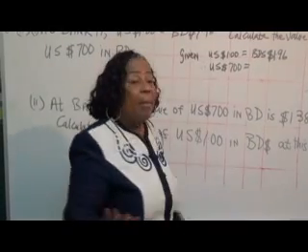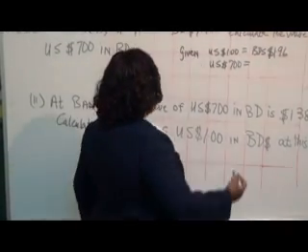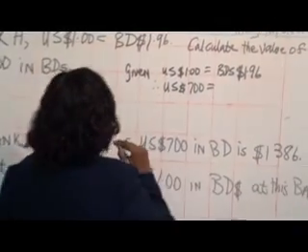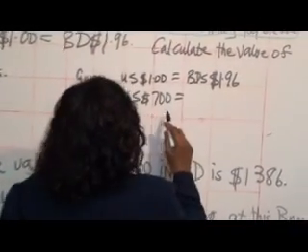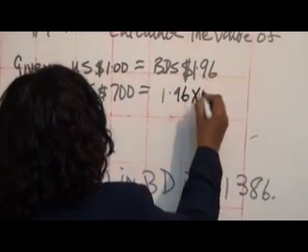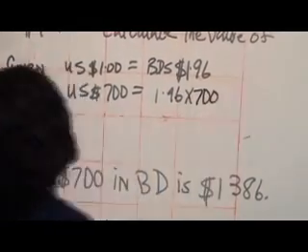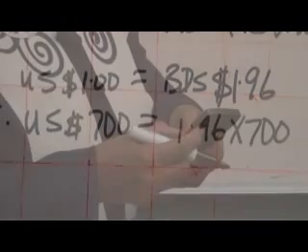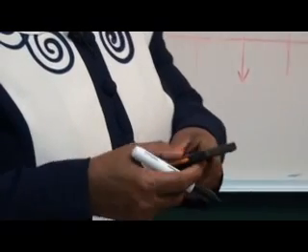So what are we multiplying? We know $1 is equal to $1.96. So that $700 would be equal to 1.96 multiplied by 700. Isn't that true? Yes. And that is why you have your calculators. You go quickly, you turn it on first.